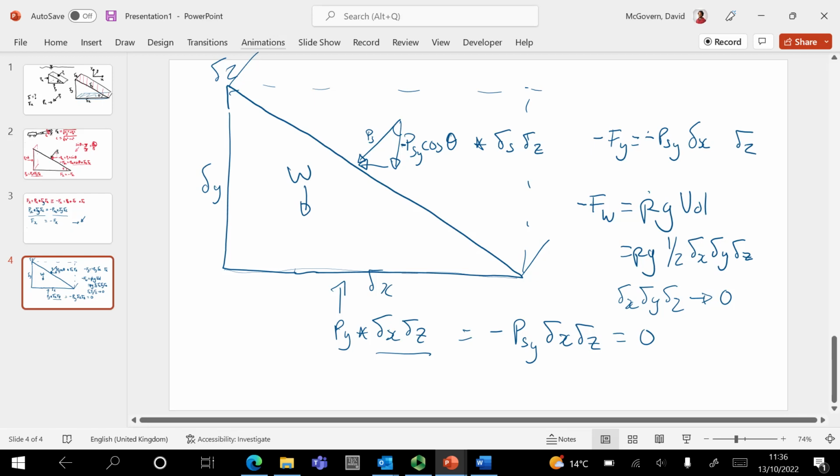Anything times 0 is 0. So your weight force is actually 0.